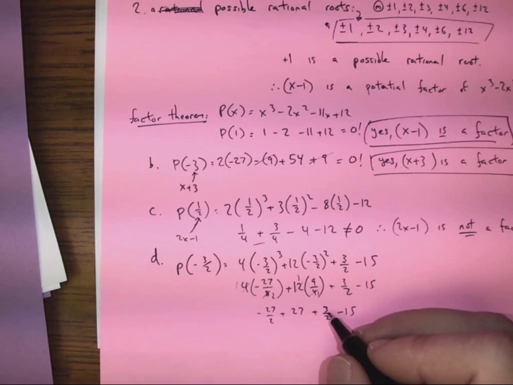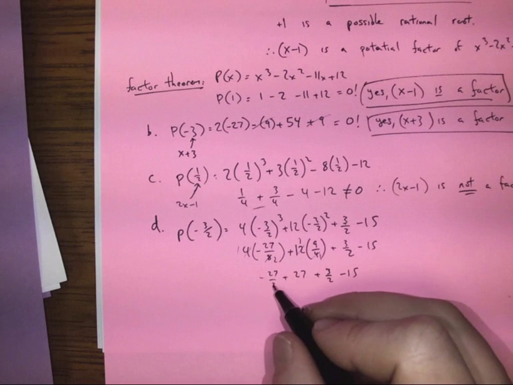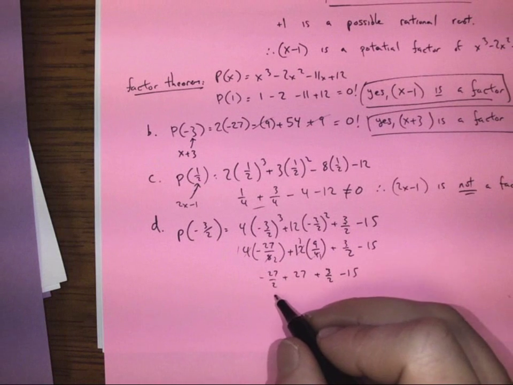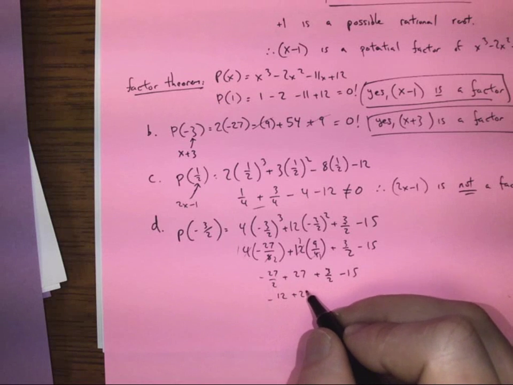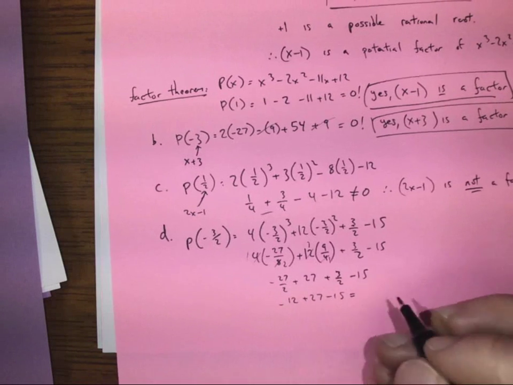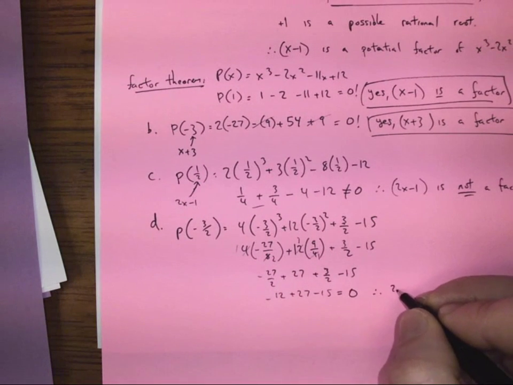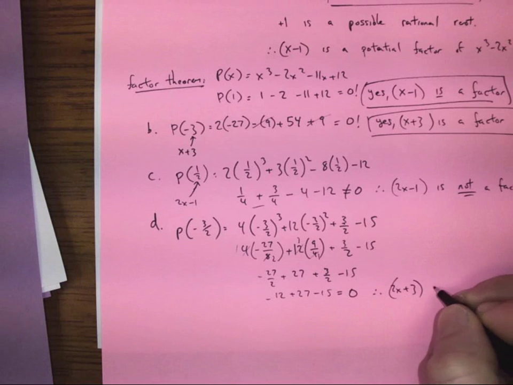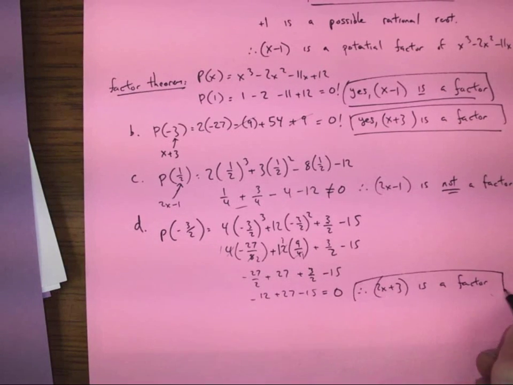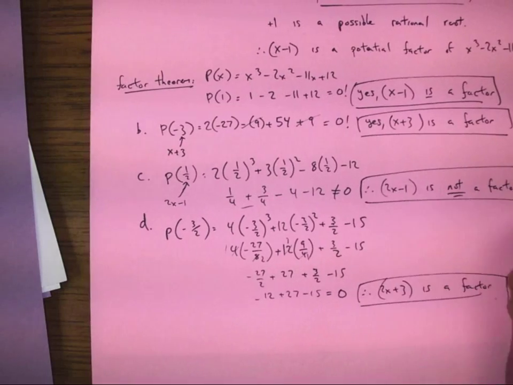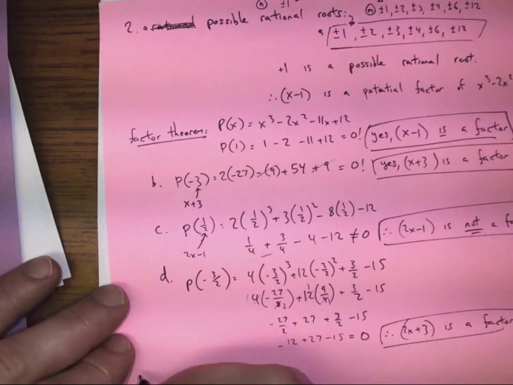Negative 27 plus 3 is negative 24/2, which is negative 12, plus 27 minus 15. Hey, that works: 0. Therefore, 2x plus 3 is a factor. Nice.